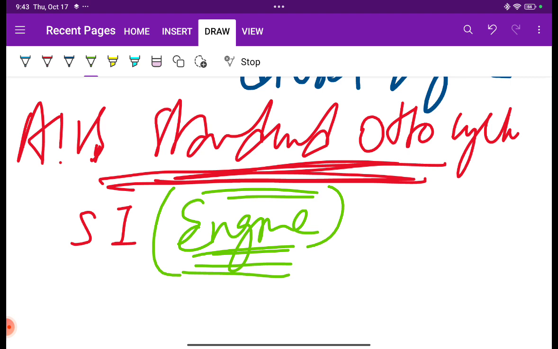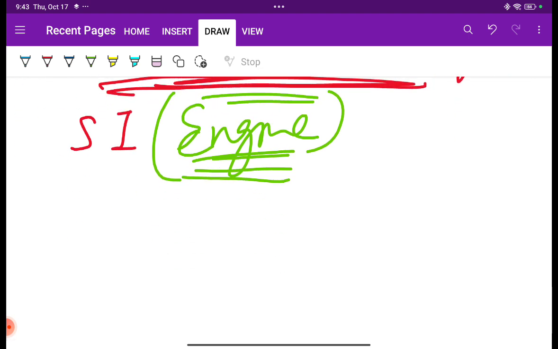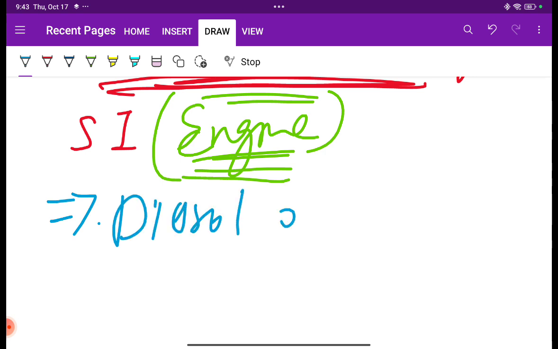The working fluid in the air standard Otto cycle is air, or we assume that it's air, and it behaves as a perfect gas with a constant specific heats. And basically it is used in diesel or petrol engines.